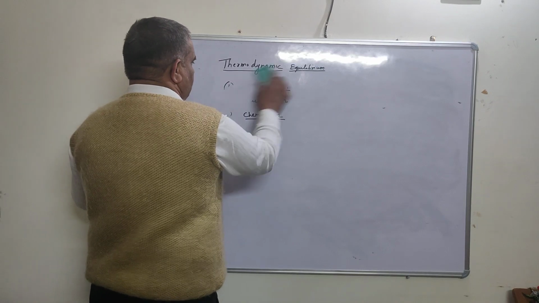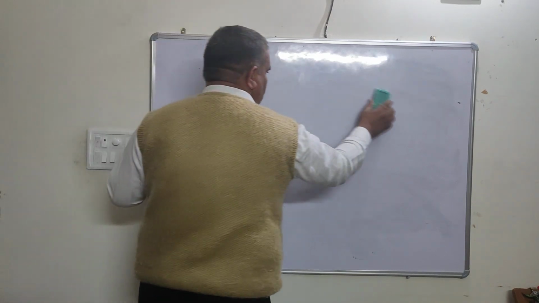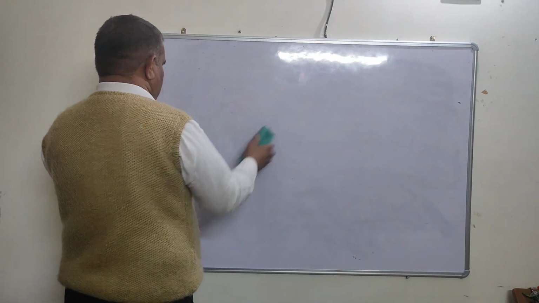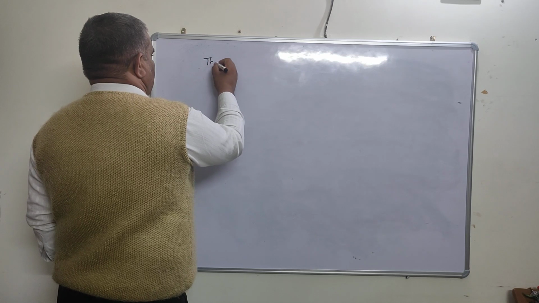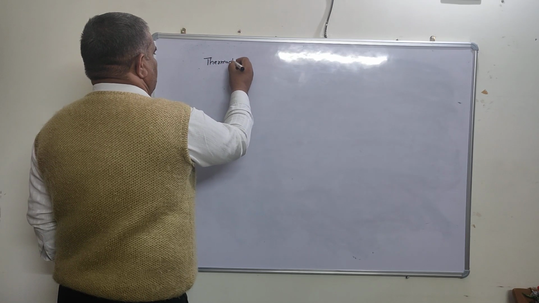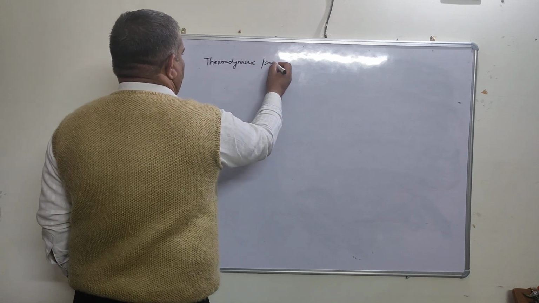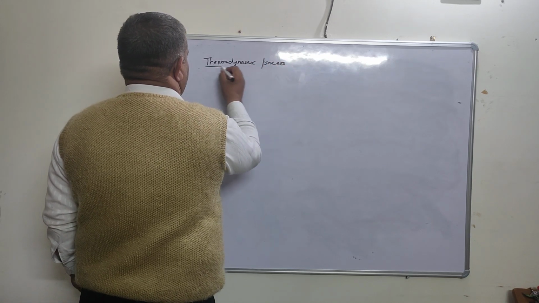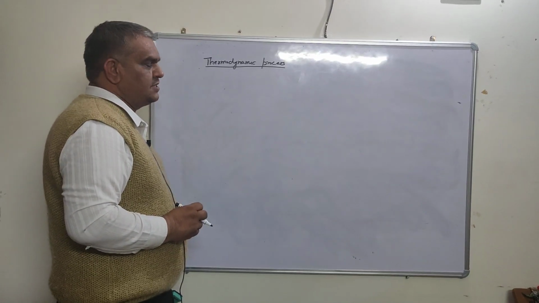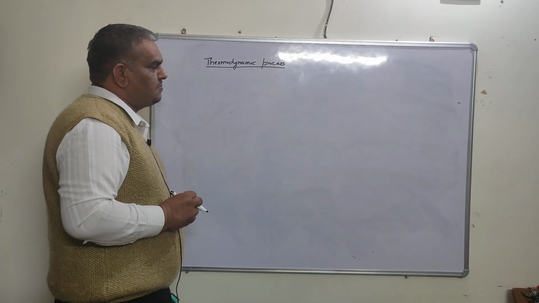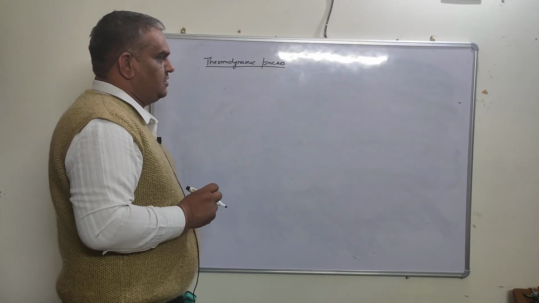Next term is thermodynamic process. The thermodynamic state of a system can be changed by a process, and a thermodynamic process is the operation in which the system changes from one state to another.